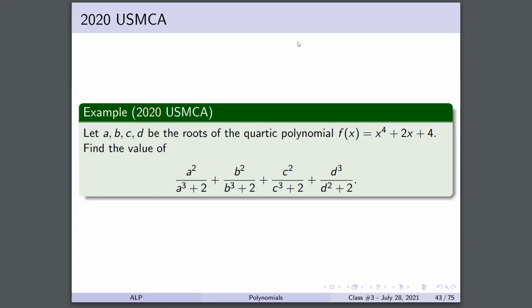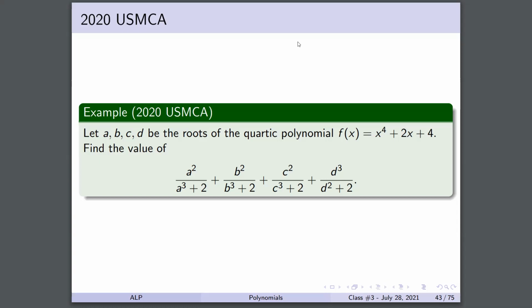So we know that f of a equals a to the 4th plus 2a plus 4. However, since a is a root, this is 0. So if we subtract, we get negative 4 equals a to the 4th plus 2a.